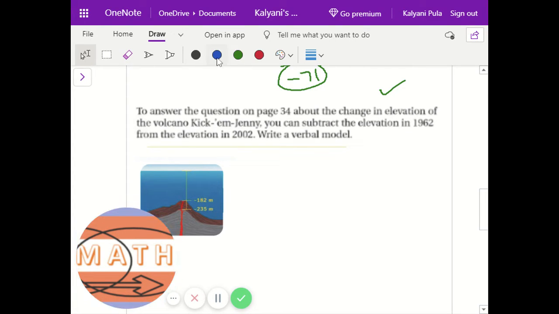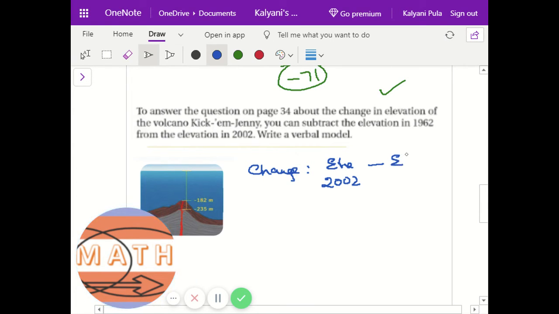So if I look at the change, we can say the elevation in 2002, and then we take away the elevation from 1962, right? That's true. So the 2002 elevation is negative 182, and 1962 is negative 235, right? Because a negative means it's going down.